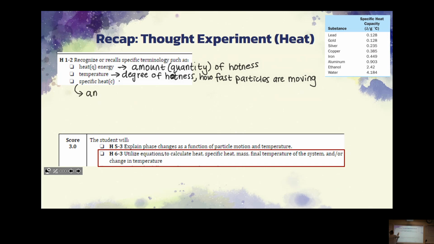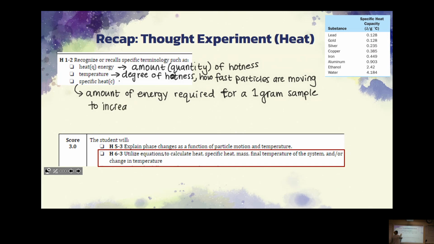So this is the amount of energy required for a 1 gram sample to increase by 1 degree Celsius.